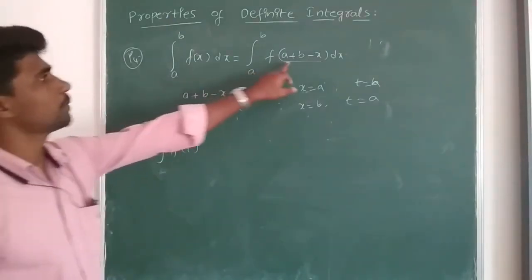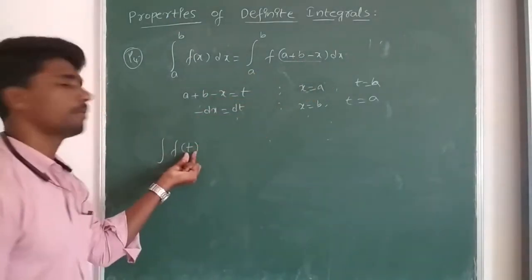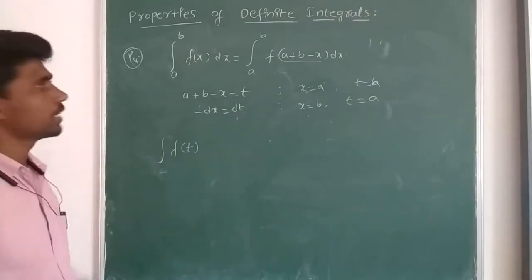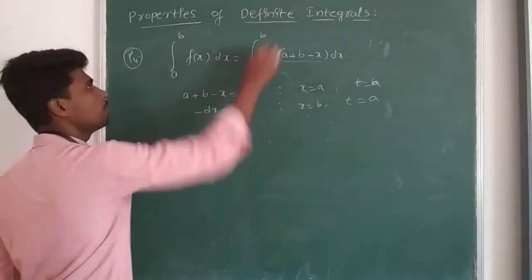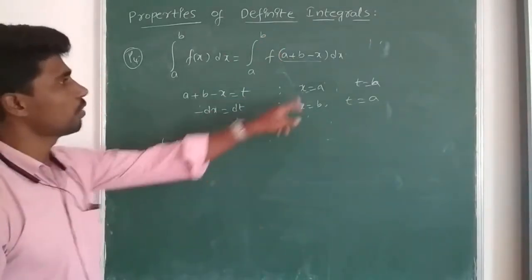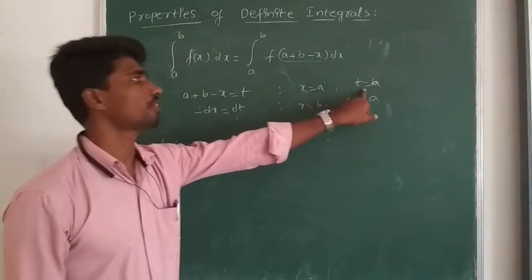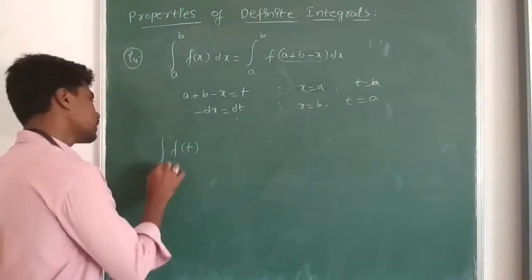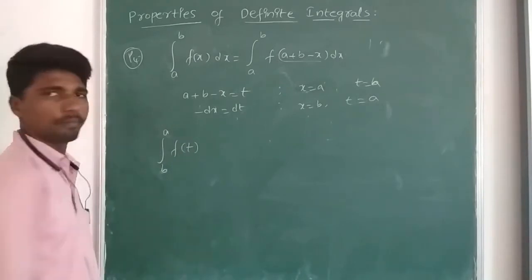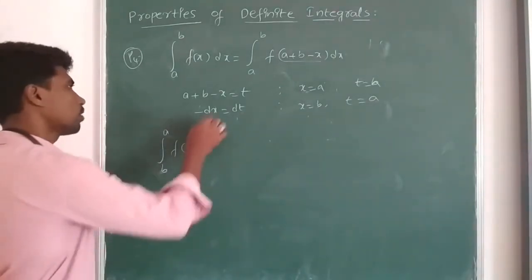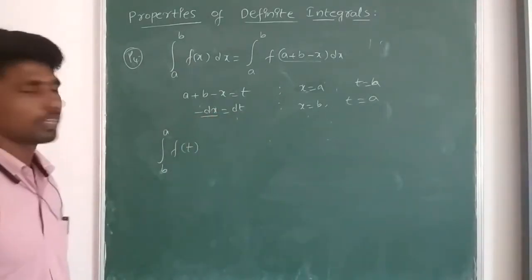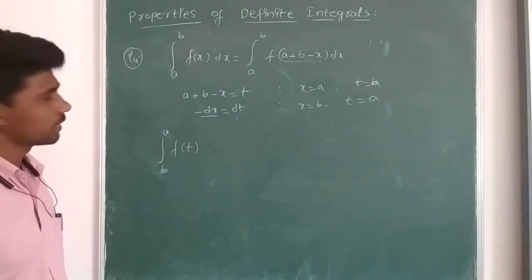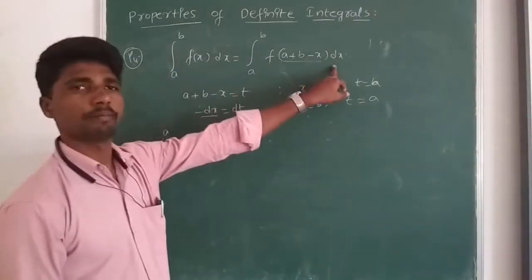I replaced a plus b minus x with t, so the limits also have to change. Actually the limits are from a to b. If the value of x is a, then the value of t is b. So the limits change from b to a. And I got minus dx as dt, so dx can be replaced by minus dt.